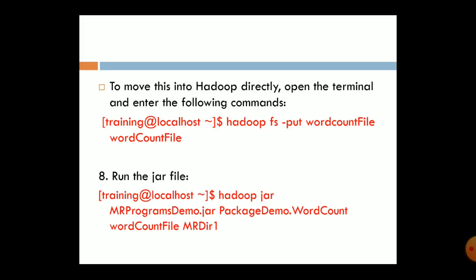Now once you have everything set up, we have to execute the command. So open the terminal and enter the following command. The first command is where you put the word count file. We have already talked about put. Then we run the jar file, because it was exported as a jar.